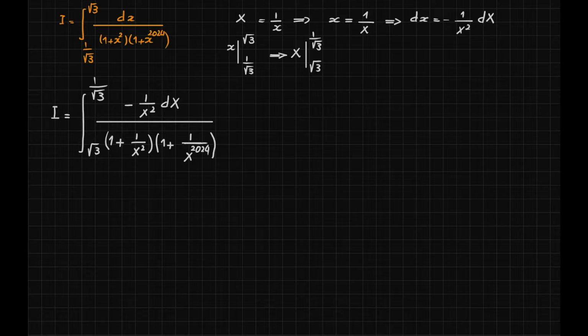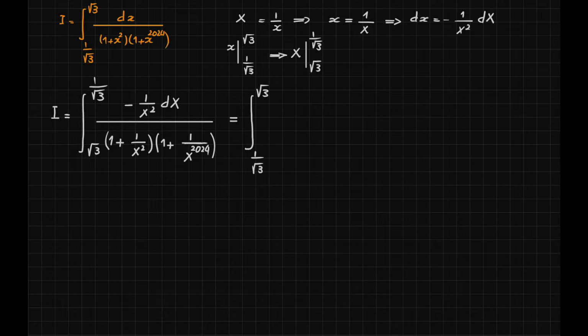Okay, so I do simplifications now. I will use this minus sign to flip these two limits, so the limits will be the same as before. It becomes the integral from 1 over square root of 3 to square root of 3 without any minus signs. Then I will rescale this fraction by X squared, meaning that I multiply the numerator and the denominator by X squared.